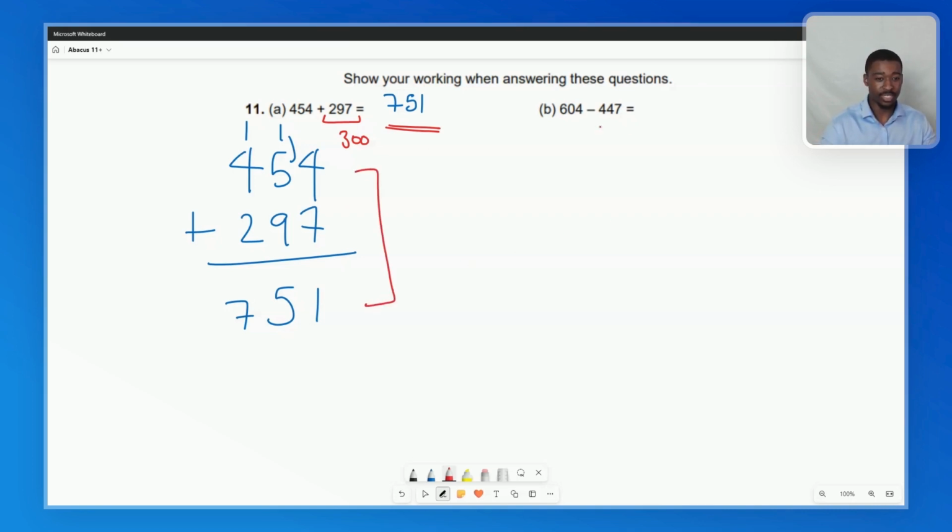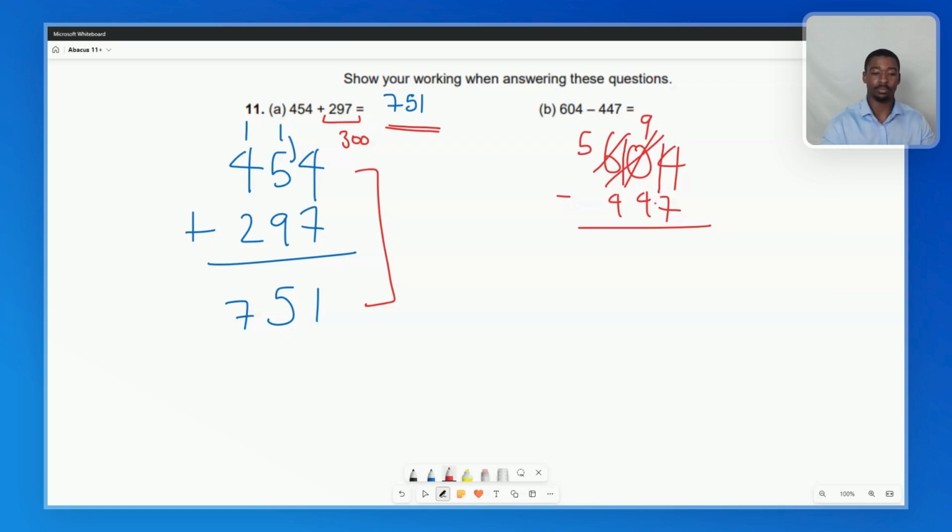So here we have 604 minus 447. Here, let's do the actual column subtraction. First, we have 4 minus 7. We can't do that. So we take a 10 from here. We can't do that. So we take a 10 from here instead. This goes from 6 to 5. This becomes 10, or 9 now.